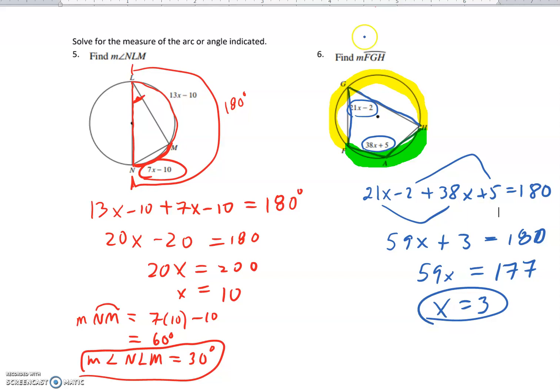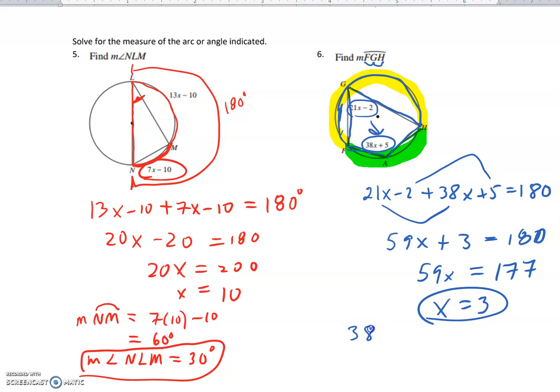You want to find the measure of the arc FGH. So in that order, F to G to H. FGH would be the measure of the yellow arc here, which is related to its inscribed angle, which is FAH. So if I can find the inscribed angle, then I know the arc has to be twice that value.